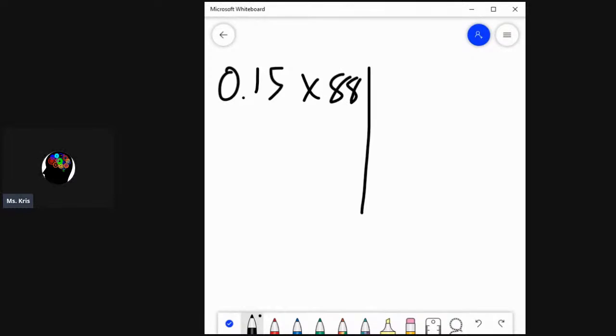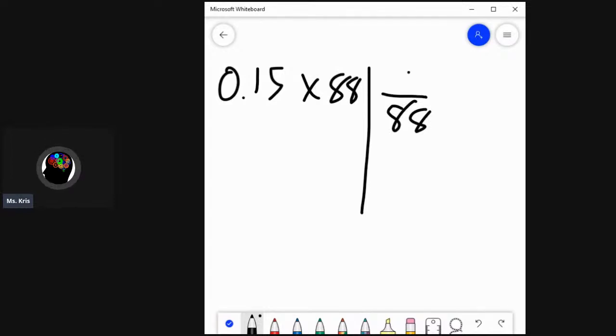or we can go back to our proportions, which is, we know that 88 is the total.